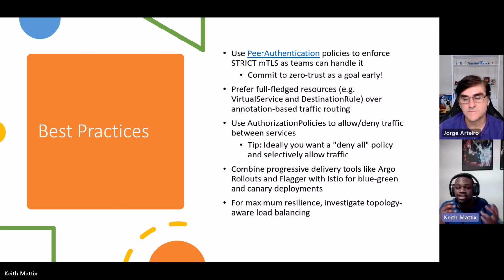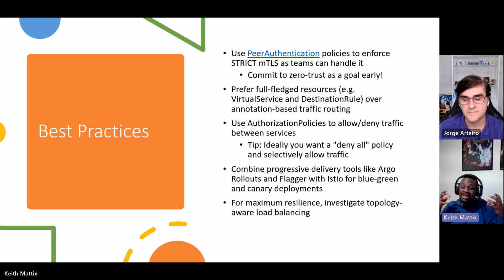Number one, use peer authentication policies to enforce strict mTLS as your teams can handle it. Istio has this resource called peer authentication policy, and you can do it on a per namespace basis, and that will allow you to say, hey, all communication in this namespace has to do strict mTLS. No plain text communication in this namespace.